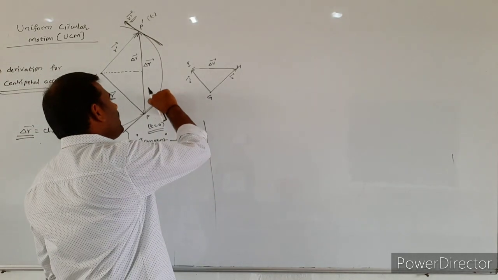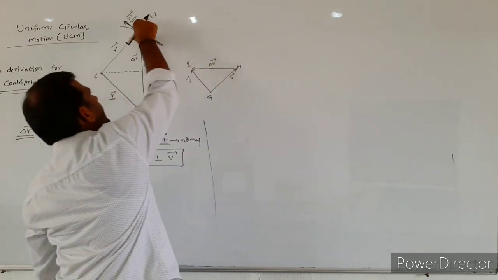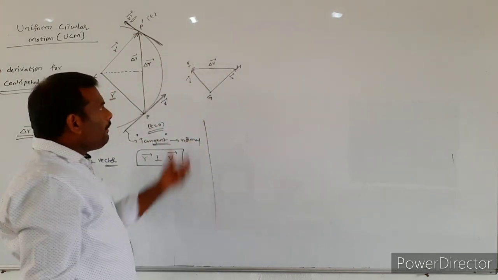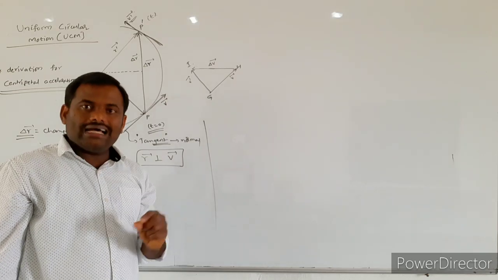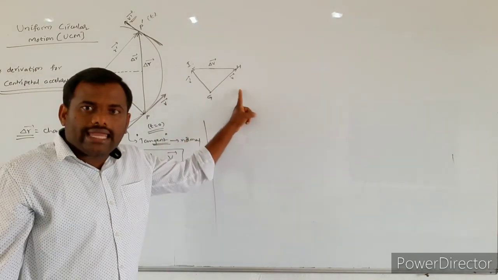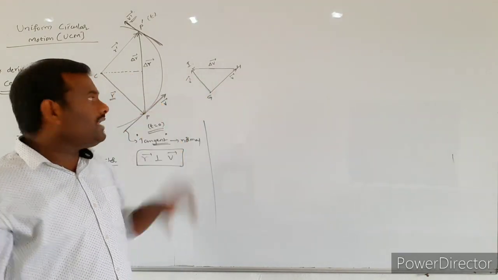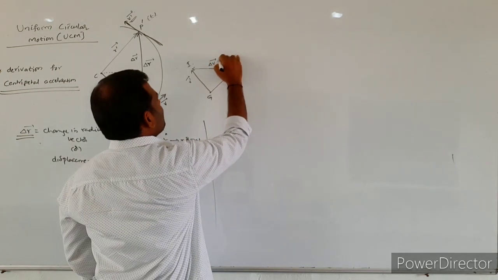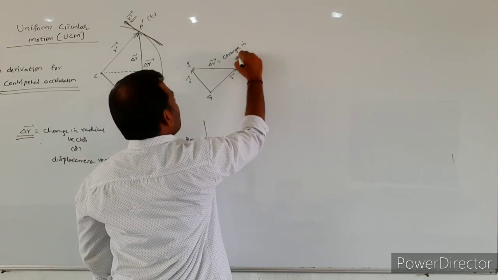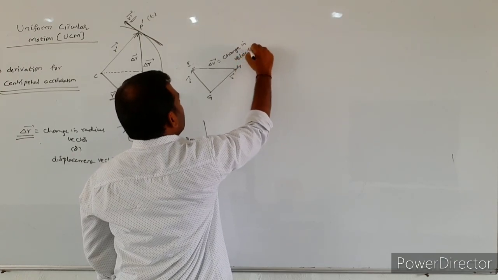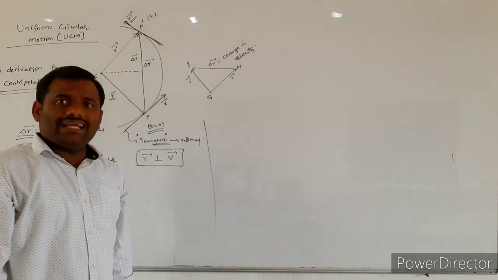So V bar will be displaced here, V dash bar will be displaced here. By taking V bar, V dash bar as the sides of a triangle, I find the change in velocity vector delta V bar.